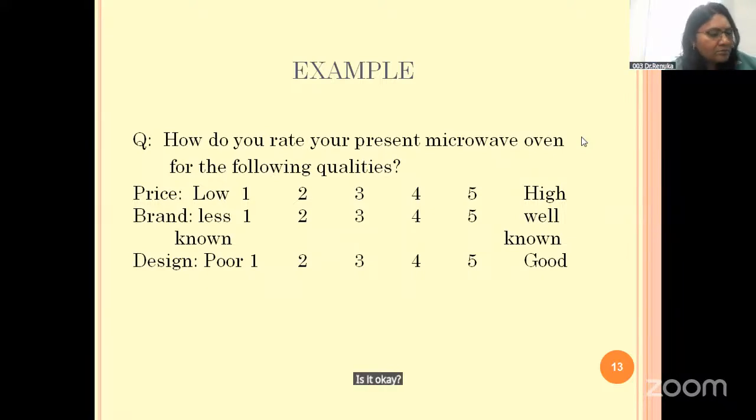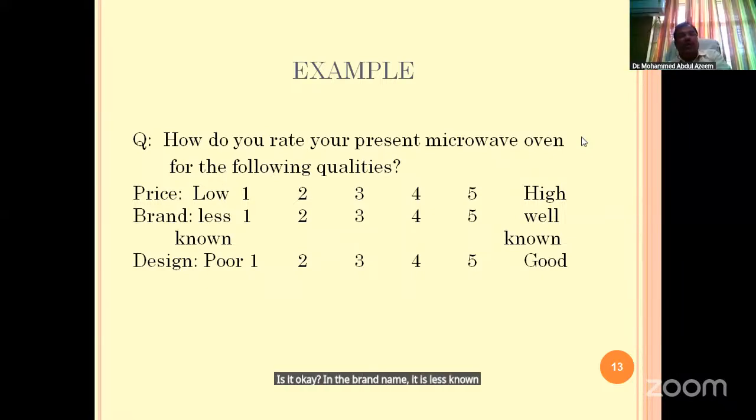In the brand name, it is less known to well known. In the design, it is very poor design to good design; 5 means it is very good. If you want to test more keenly and sharply, you can add 1, 2, 3, 4, 5, 6, 7.